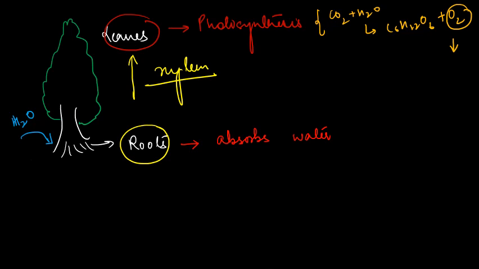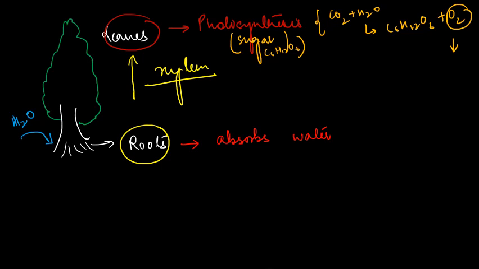Now coming to this photosynthesis process, once the sugar is synthesized, once the leaves prepare the food, that food needs to be transported to the other parts of the plant, right? So what are we getting from photosynthesis? We are getting sugar. What sugar? Glucose, right? C6H12O6.